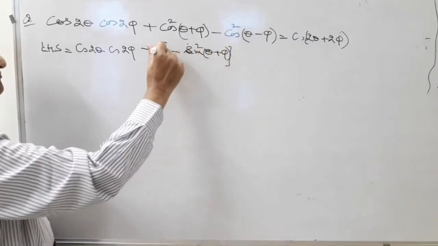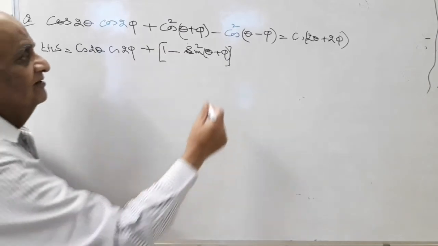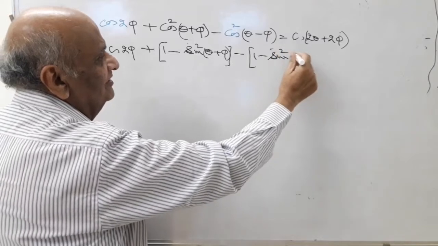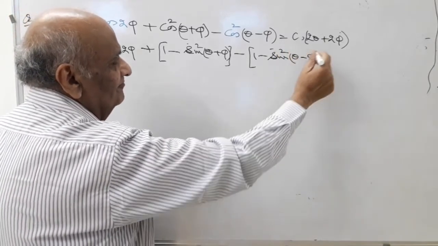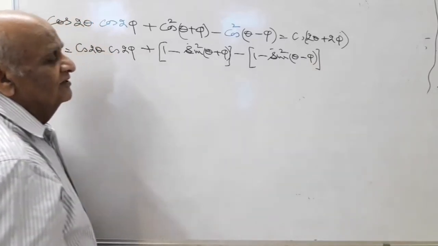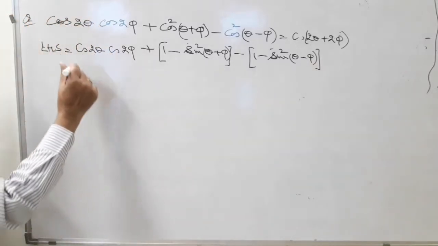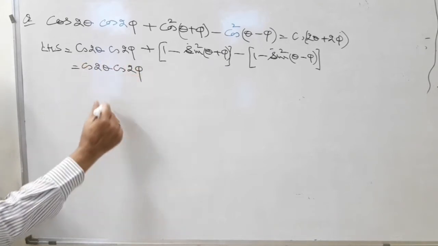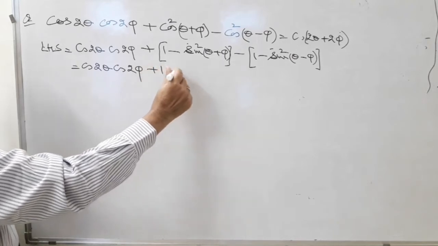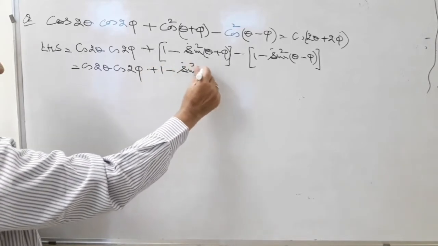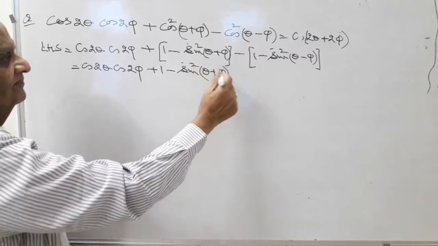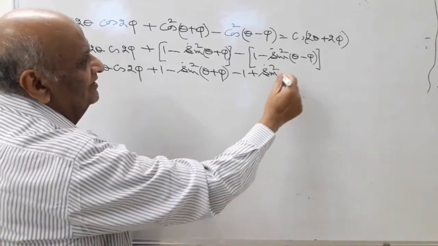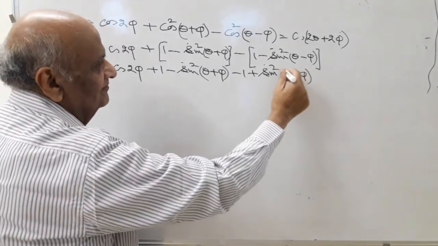Note the step here, minus 1 minus sin square of (theta minus phi), because you know cos square is equal to 1 minus sin square. This becomes equal to cos 2 theta cos 2 phi plus 1 minus sin square of (theta plus phi) minus 1 plus sin square of (theta minus phi).